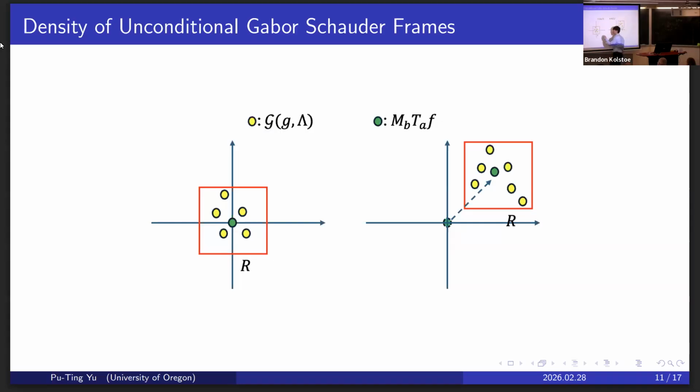There exists some side length R, so that there must be enough points contained in this square, so that the distance between f and the subspace generated by these zero points is small enough. But no matter how you move this green point and this square, there must still be enough zero points contained in this square, so that the distance between the time-frequency shift of f and the subspace generated by these zero points is still small enough.